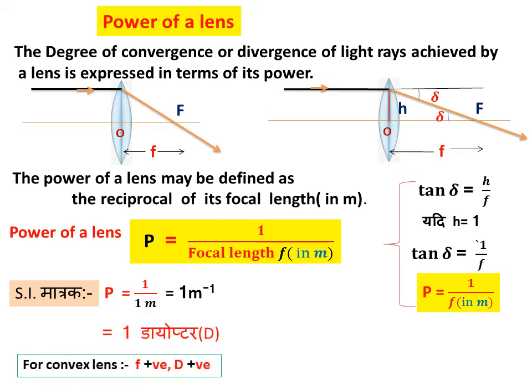So the SI unit of power of a lens is diopter, and we express it by capital D.